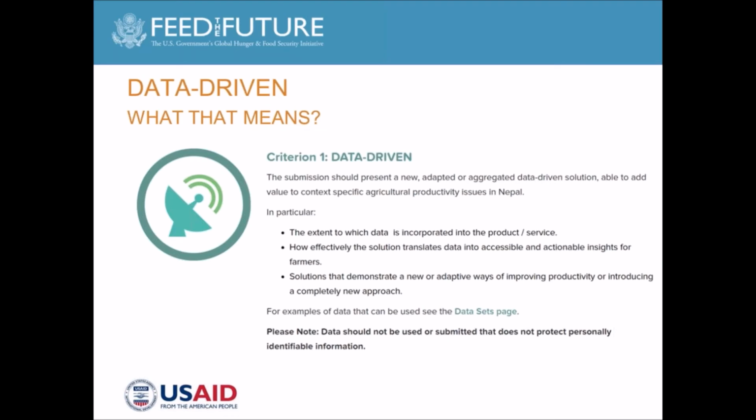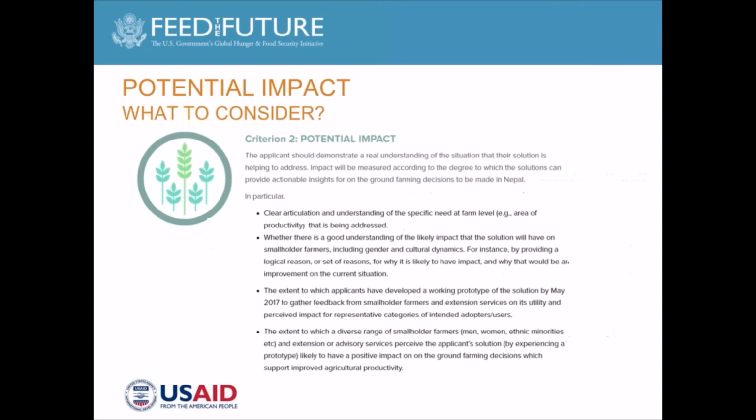We will also look at how effectively the solution translates data into accessible and actionable insights for farmers, and how it demonstrates new or adaptive ways of improving productivity or introducing a completely new approach for agriculture. So, how the aggregation of data is translated into actionable insights for the use of farmers and extension services.